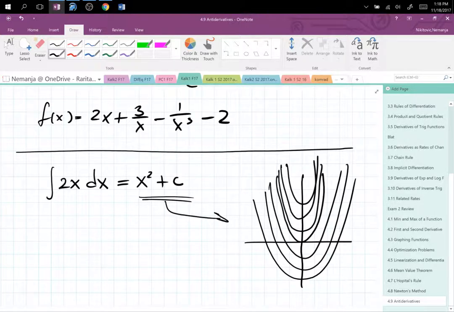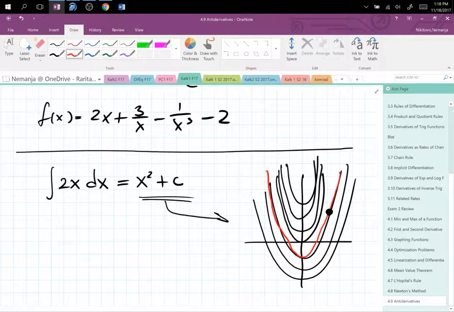And if I pick a point in space, which I call initial condition, there is going to be exactly one of these that goes through that point and none of the others. You see that?